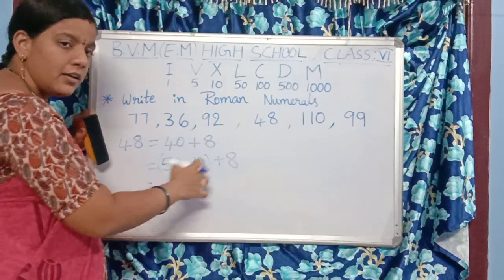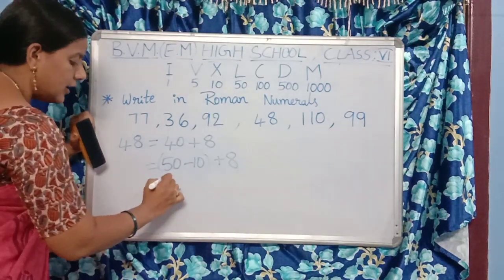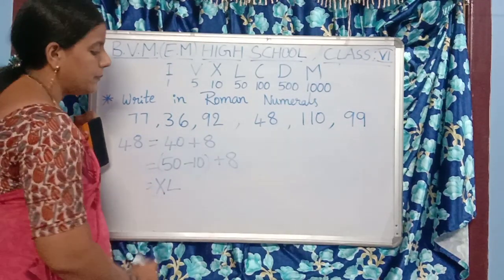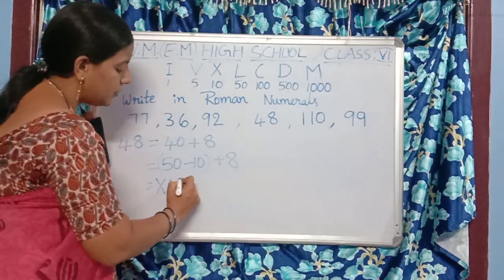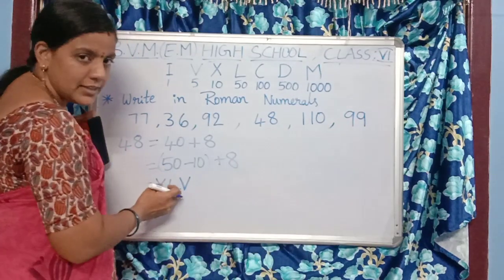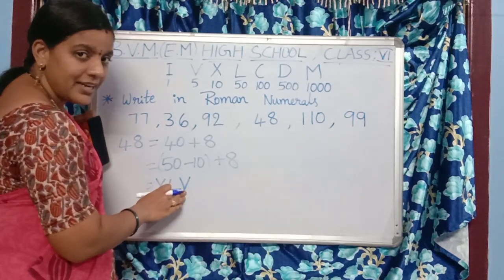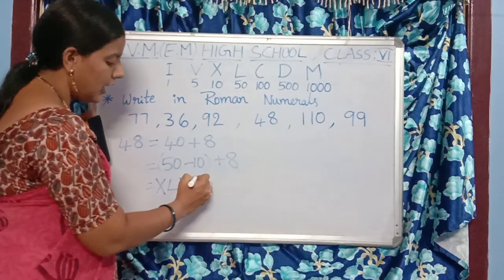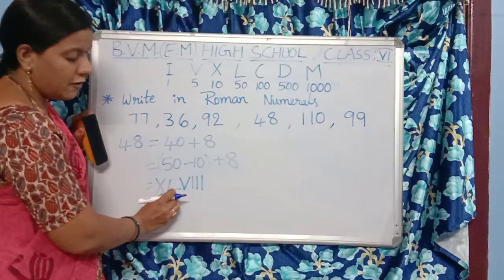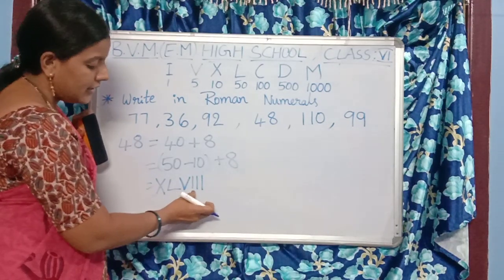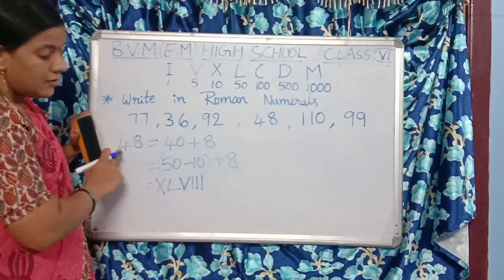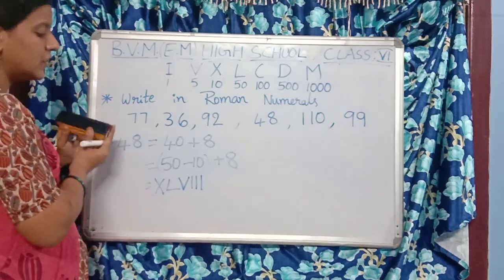It should be right before the L, on the left side of the L. XL means 40. Next, 8 should be added, so we write it on the right side of this L. V represents 5, I three times: 1, 2, 3. XL means 40. Next, VIII, 8. This is for 48. Okay.